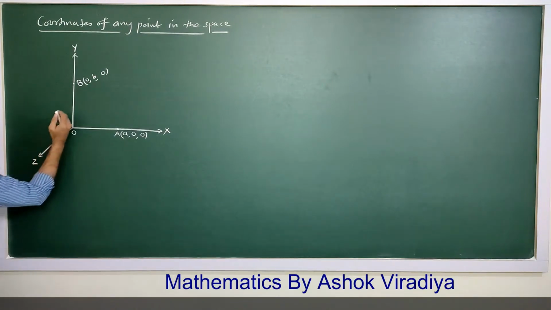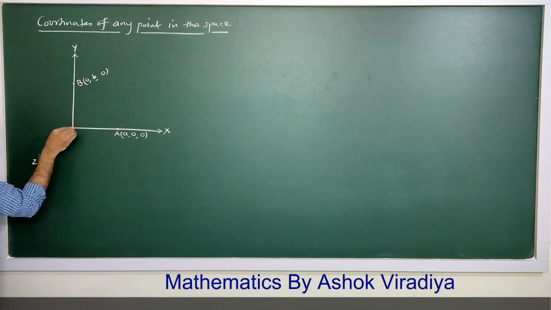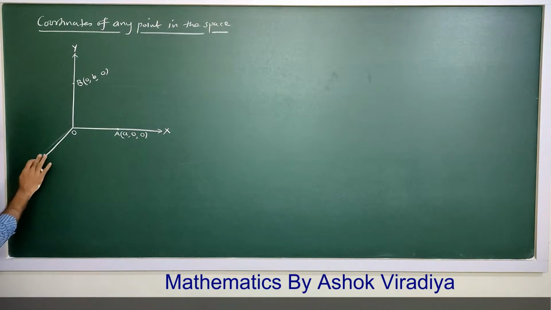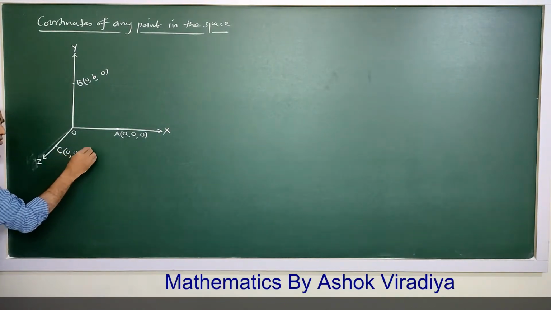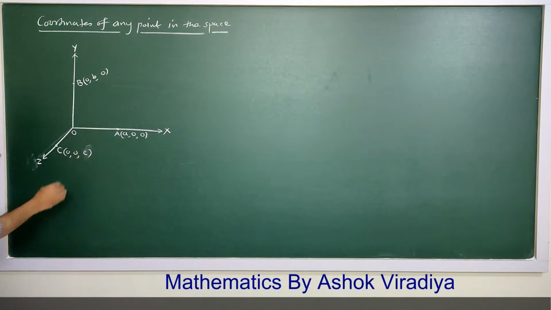If any point lies on z-axis, this is z-axis, if this point C lies on z-axis, then its x coordinate and y coordinate will be 0, z coordinate will be non-zero. Let me say small c.